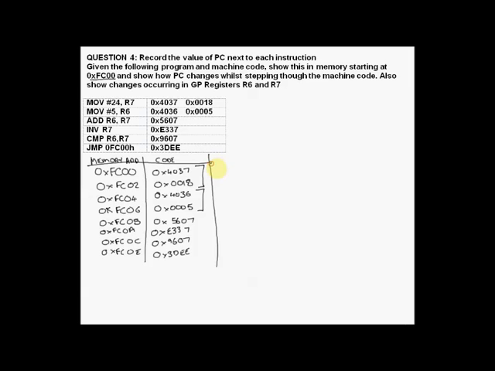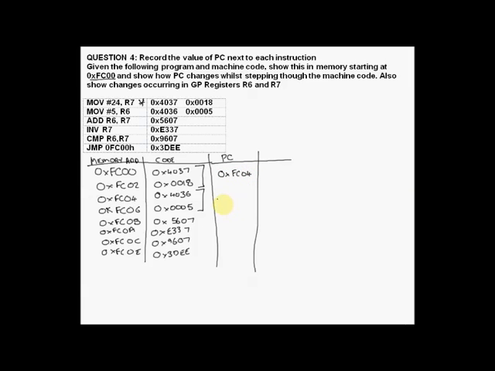Okay, so once we've done that, we can write down our value of the program counter. So for the purpose of this, we're going to assume that we're executing the instruction that we write the program counter down next to, and so we want to point to the next instruction. So when we're executing this first instruction, this one up here, we're going to be pointing to the next instruction, which starts at FC04.